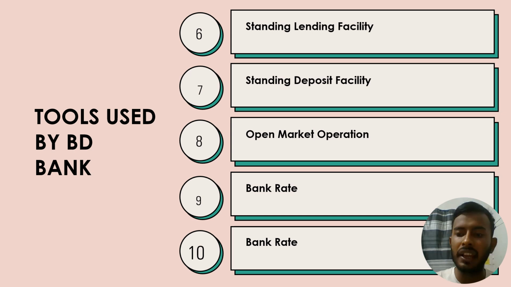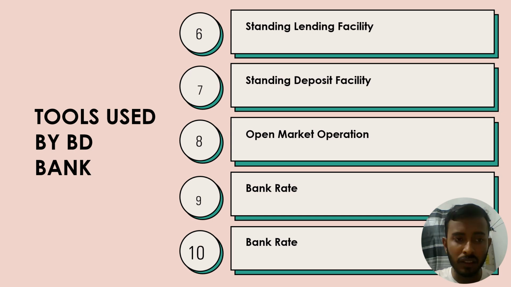Banks can keep extra money with Bangladesh Bank and earn interest, which helps Bangladesh Bank absorb excess liquidity from the system. The eighth tool used by Bangladesh Bank is open market operation. In open market operation, Bangladesh Bank buys and sells government securities, bonds, and treasury bonds in the market. If Bangladesh Bank buys securities, money goes into the market, so more liquidity.